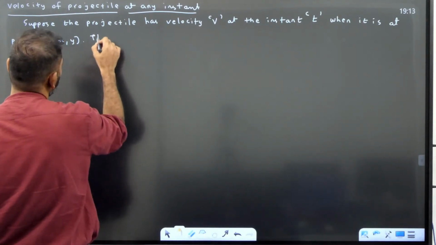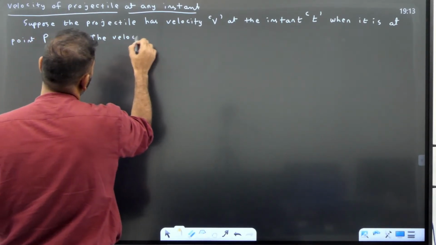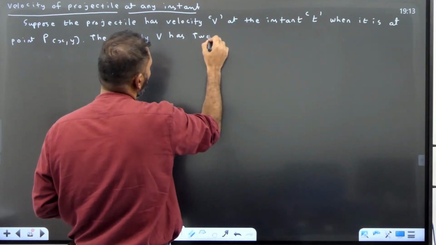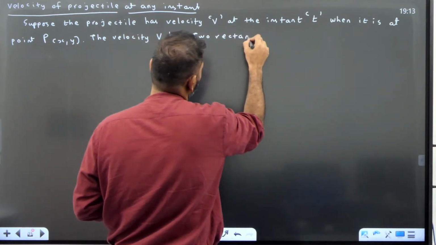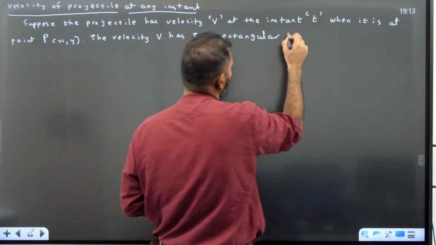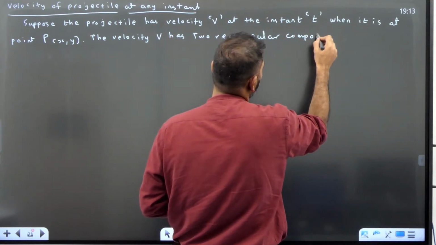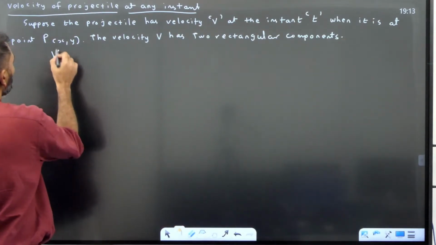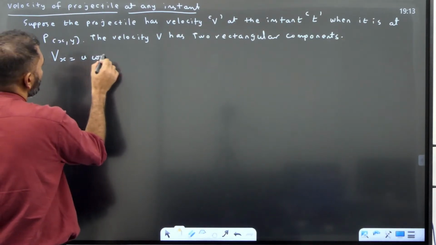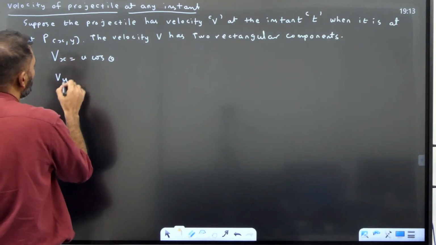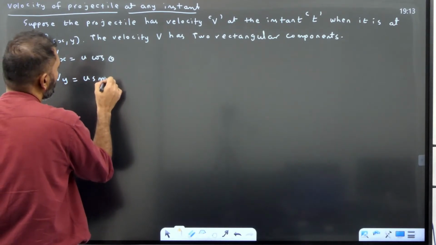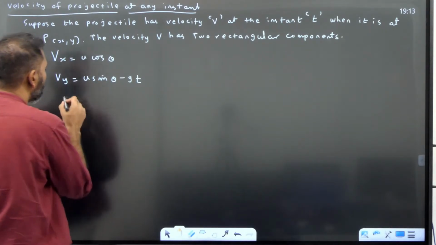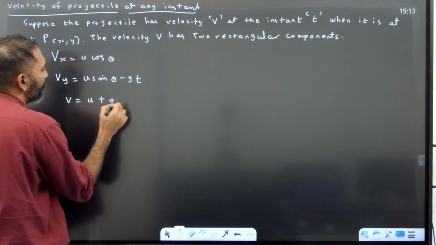The velocity v has two rectangular components. What are they? Vx is equal to u cos theta. Vy is equal to u sin theta minus gt. Why u sin theta minus gt? Because we know that v equal to u plus at.